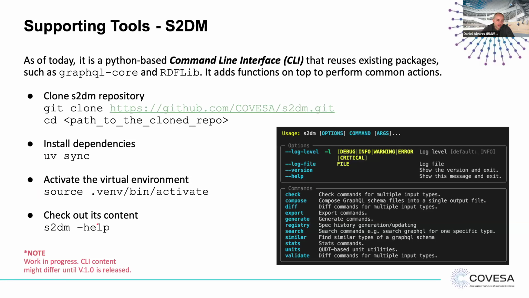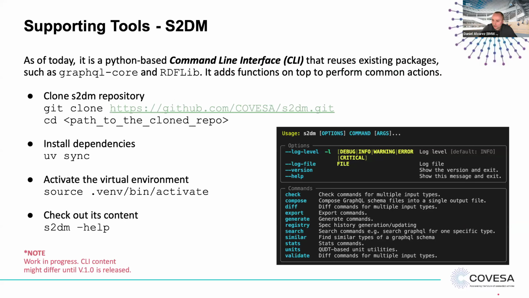And then you can also trigger the help to see what is there, right? Because this is changing constantly as this project evolves. Some functions might not be up to date, or might be outdated when you watch this recording again. So feel free to just refer to the repository for the latest state.